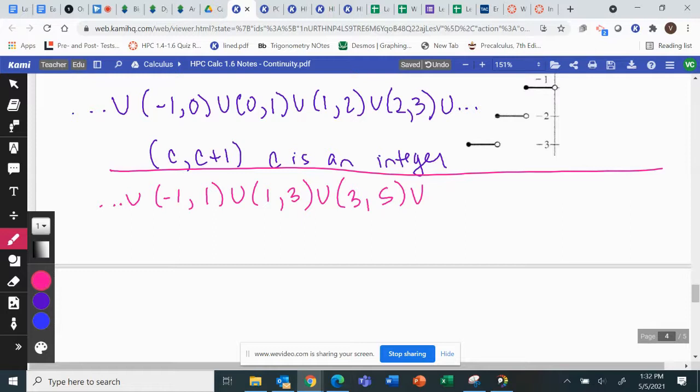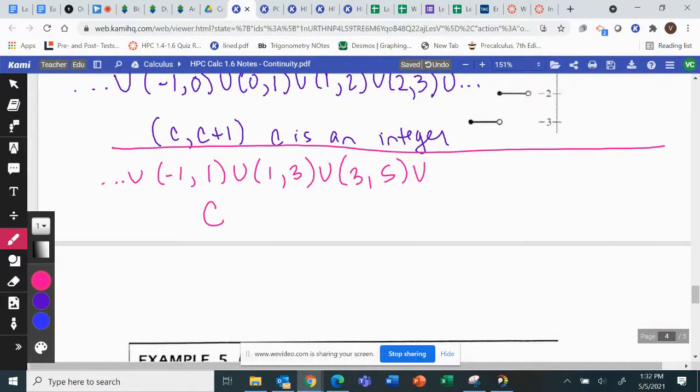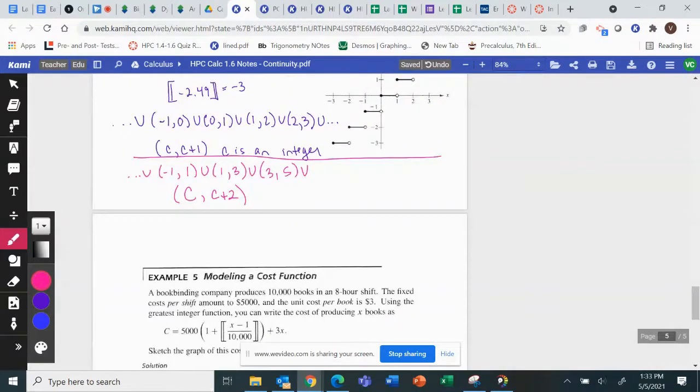If we had something like that, we could start by saying C. But then what would the next thing be? Oh, C plus 2. Yeah. Sorry, I had to think for a second. C plus 2. So it's just with our first number, what do we do to that first number to get the other one? That's kind of what they're looking at. Okay. I think I was making it too hard and trying to do that one where I don't even like the continuity of that.